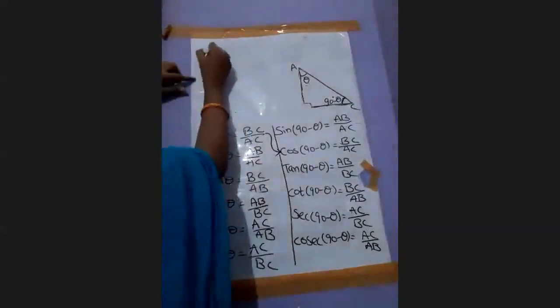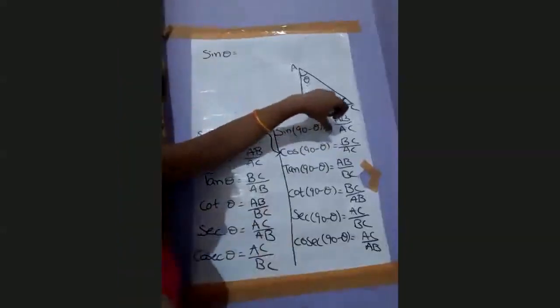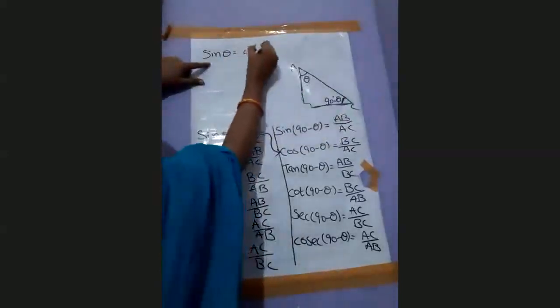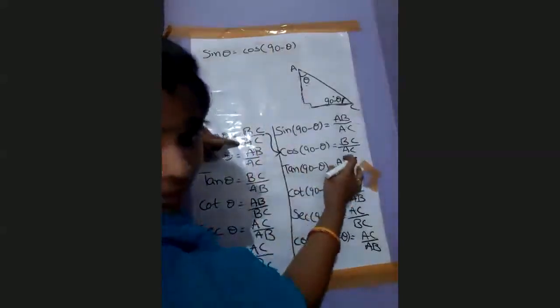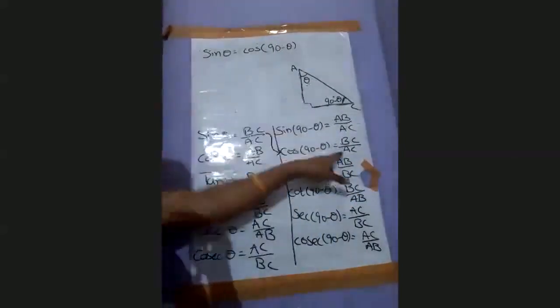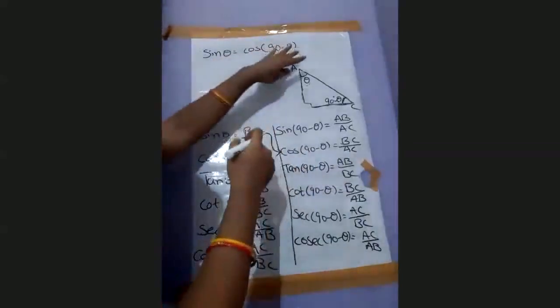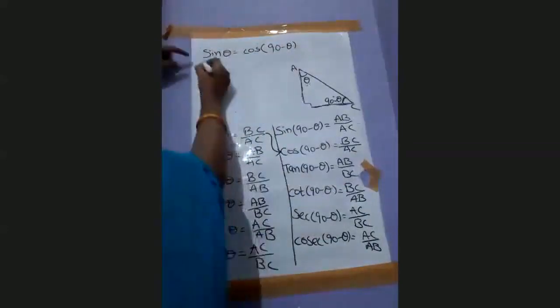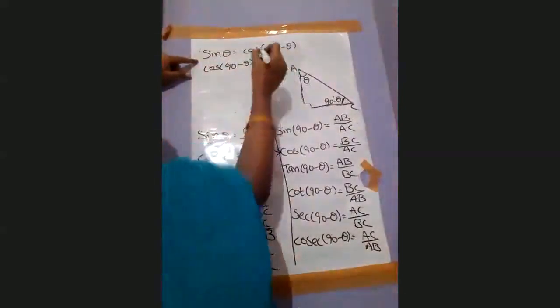What we get: sin theta is equal to BC by AC and here also cos of 90 minus theta is equal to BC by AC. So we can say that sin theta is equal to cos of 90 minus theta. Why? Because both RHS are equal, so we can equate the LHS terms. Sin theta is equal to cos of 90 minus theta. Or otherwise we can write cos of 90 minus theta is equal to sin theta.